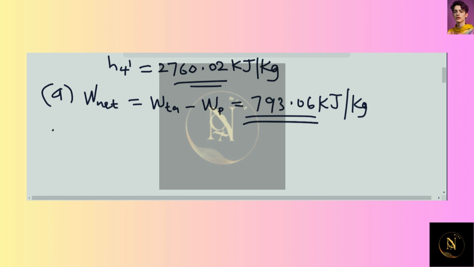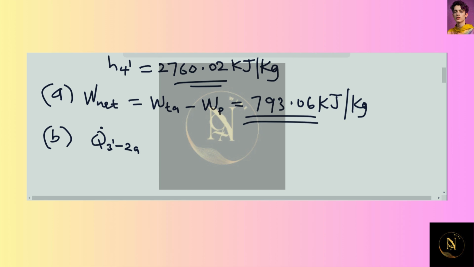Then you can do B, the rate of heat transfer to the steam, the working fluid, as it passes through the boiler, and that will be from 3 prime to 2A.